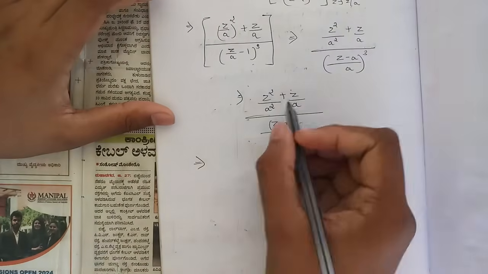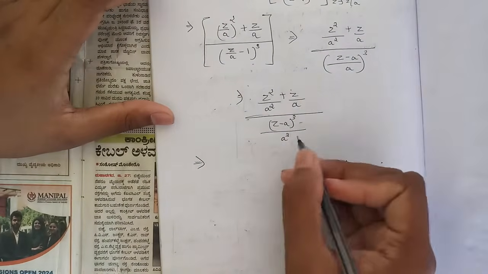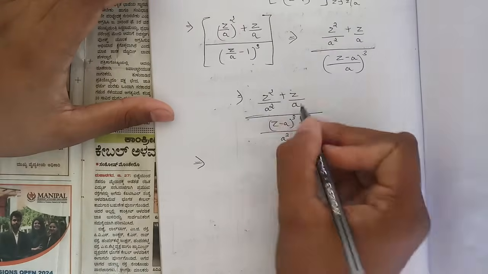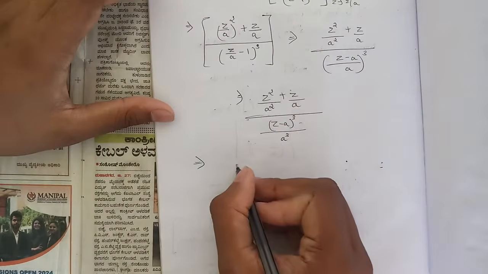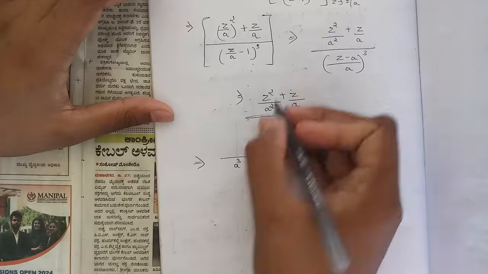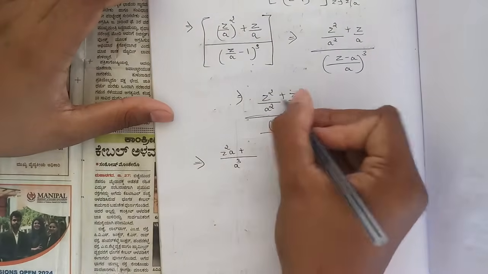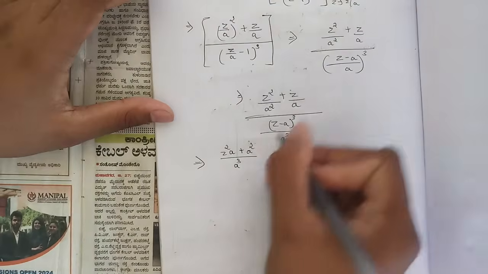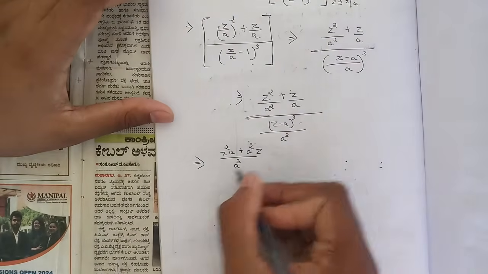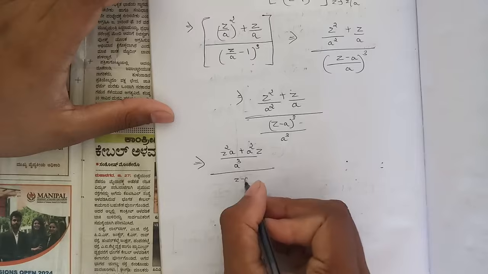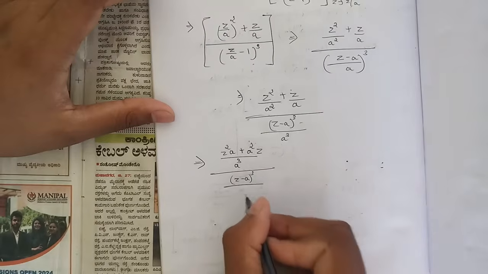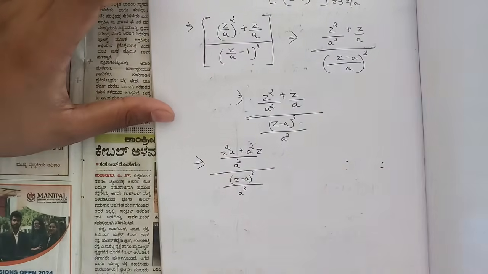When we take the LCM, we multiply the denominators, that is a cube, and z square into a plus a square into z, divided by (z minus a) the whole cube by a cube.